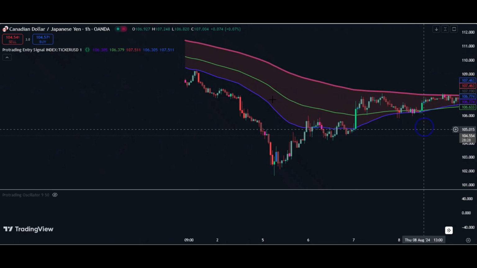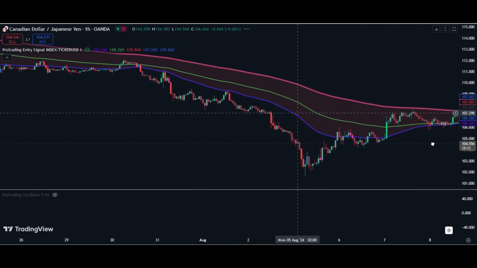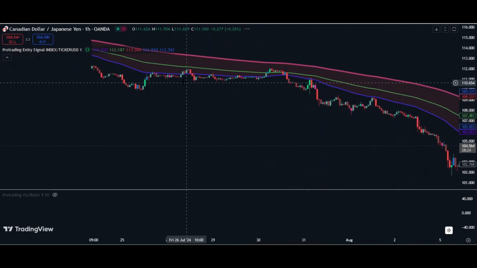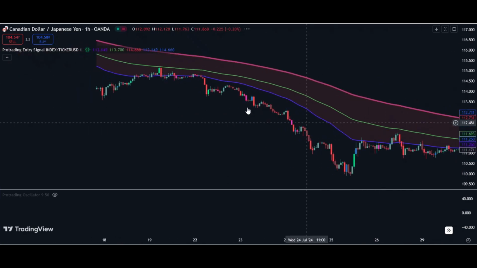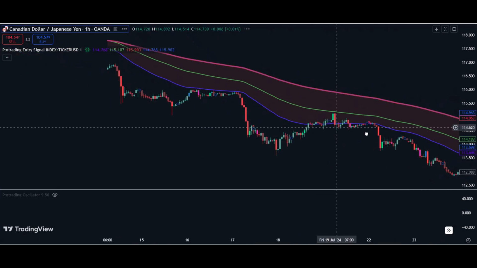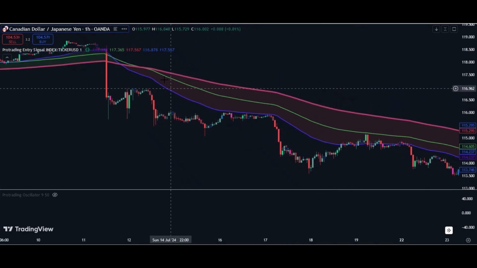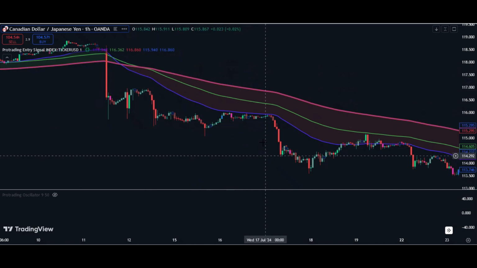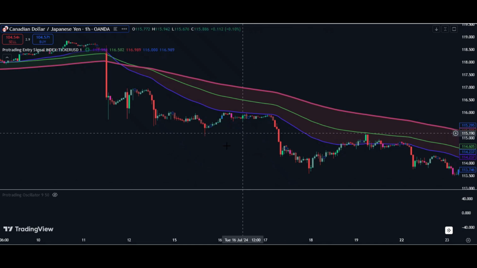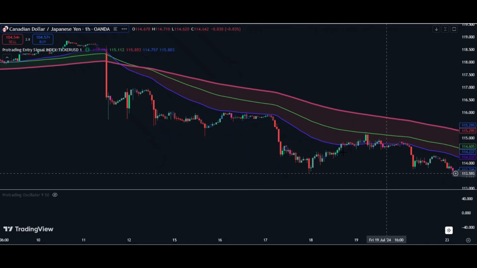From what you can see, when we have this indicator on the chart, you will clearly be able to know that the price is below the indicators, indicating that we are currently in a downtrend.